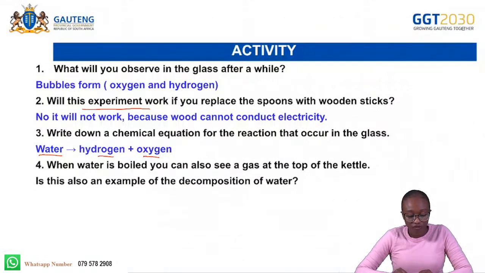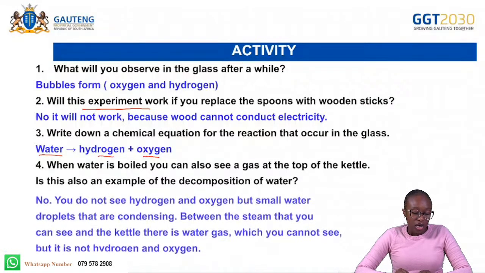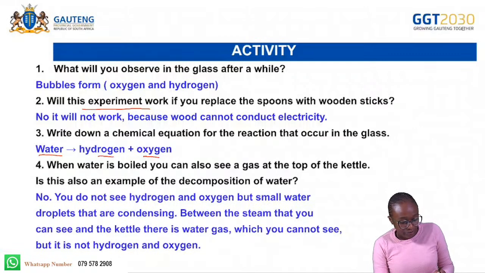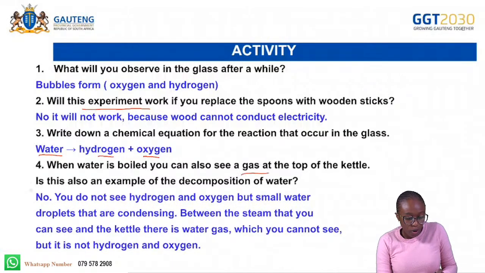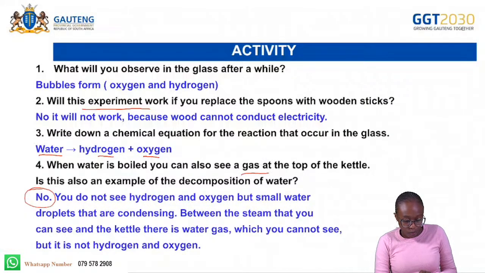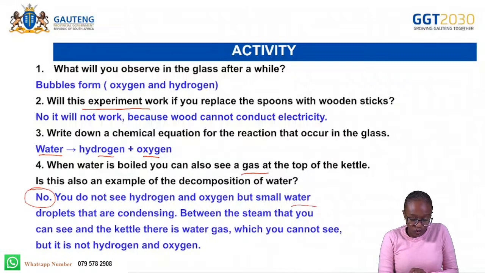And then number 4, when water is boiled, you can also see a gas at the top of the kettle. Is this also an example of decomposition of water? No, it is not. You do not see hydrogen and oxygen, but small water droplets that are condensing.